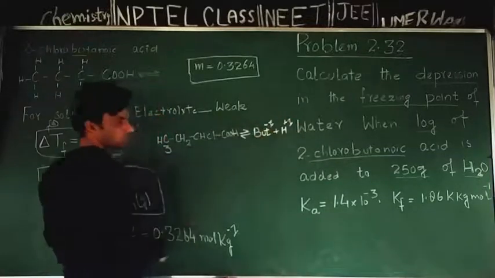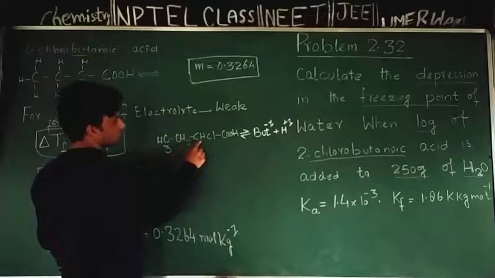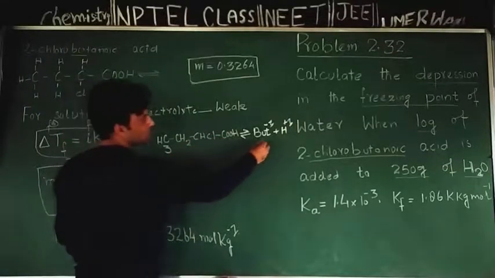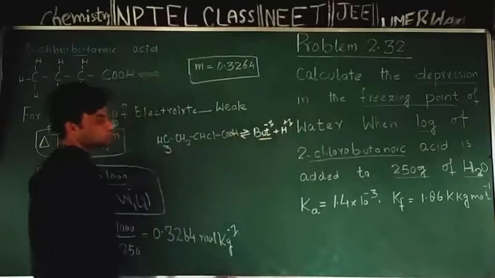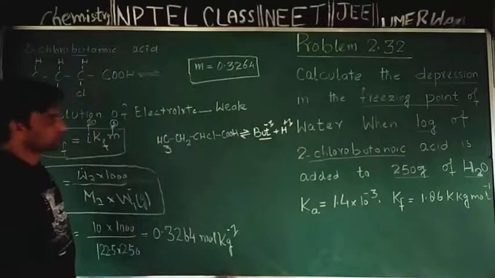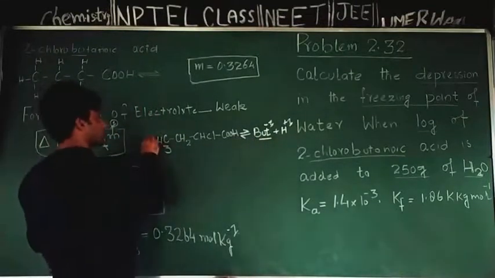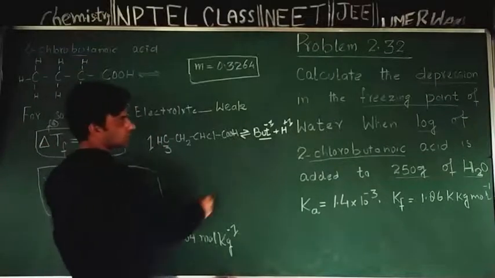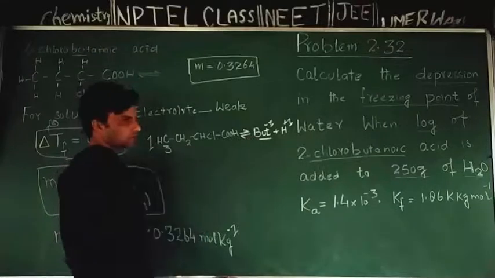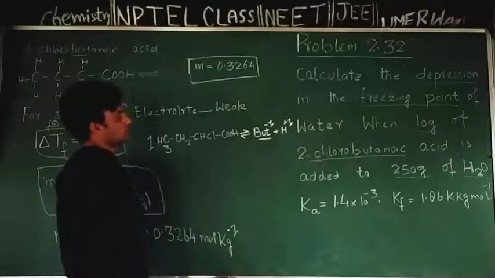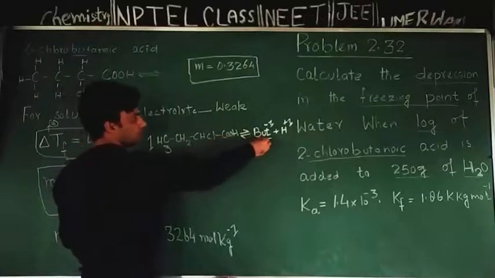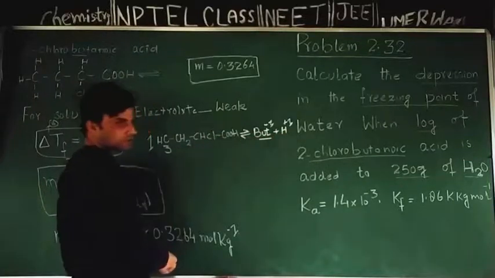This but raised power -1 will be CH3, CH2, CHCl, C double bond O, O negative. In order to save space here, I wrote but raised power minus 1. 1 mole of 2-chlorobutanoic acid in water undergoes partial ionization resulting in formation of 2-chlorobutanoate ion and H positive ion.